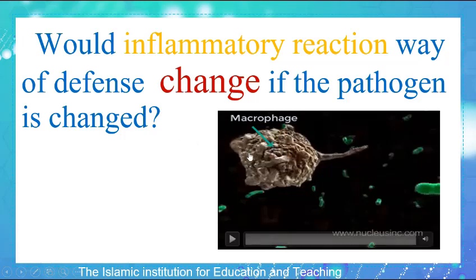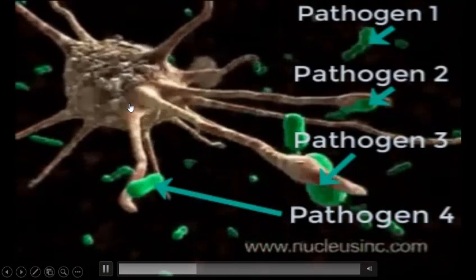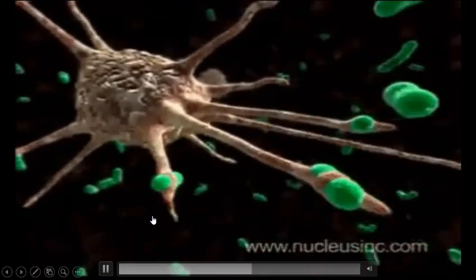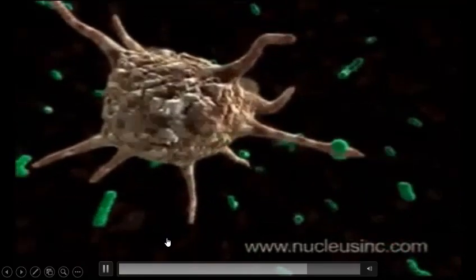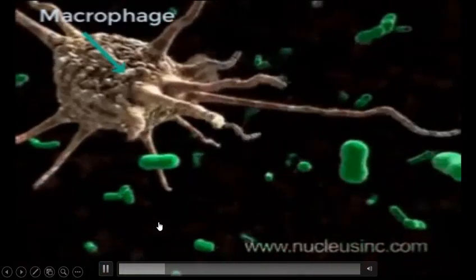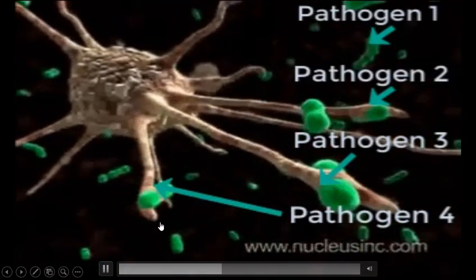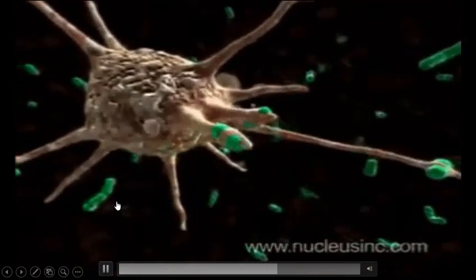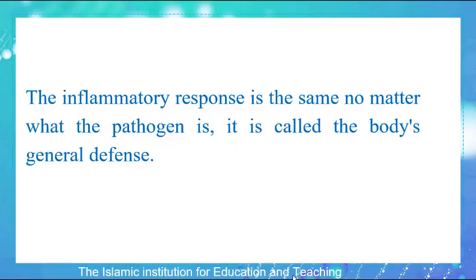Let's watch a video showing the reaction of a macrophage against different types of pathogens labeled pathogen 1, pathogen 2, pathogen 3, and others. Is it the same or different? We can see that the macrophage acts exactly the same against all types of pathogens. Then, as a conclusion, the inflammatory response is the same no matter what the pathogen is.